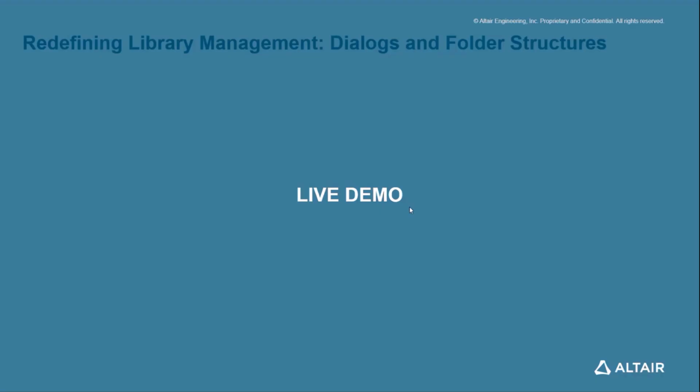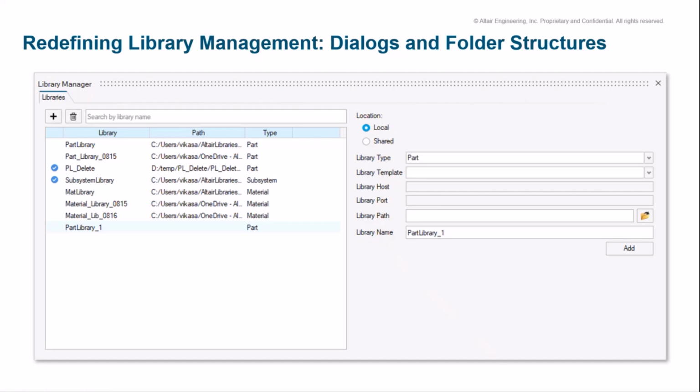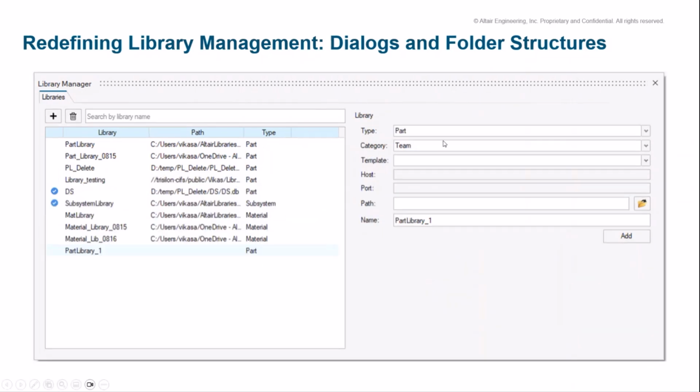And in this slide, I'm going to reiterate again some of the few points. This is the old library manager GUI. So with the new GUI, you get a streamlined modern GUI with zero learning curve. Instead of radio buttons, you have part, subsystem, teams, and instead of selecting a type such as personal or shared, you see team or share.